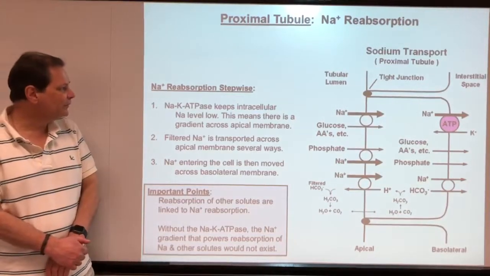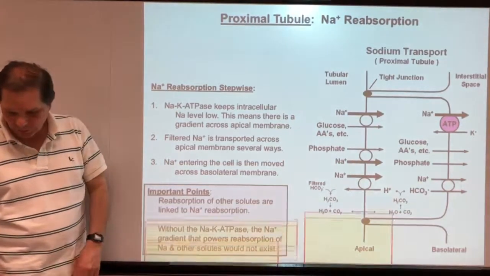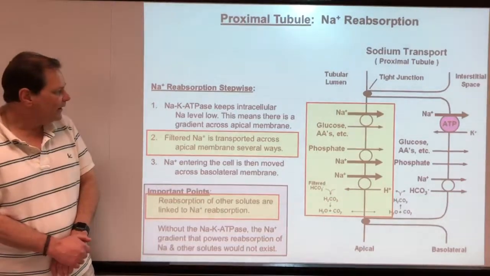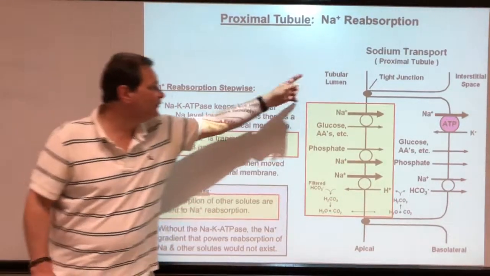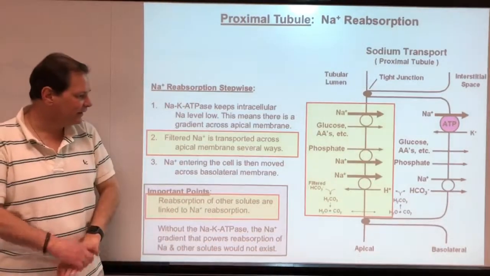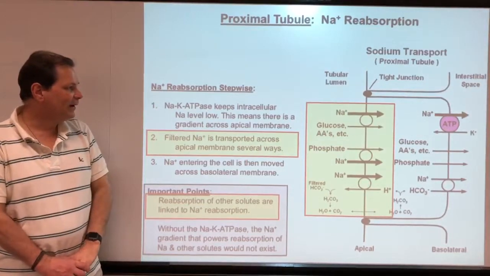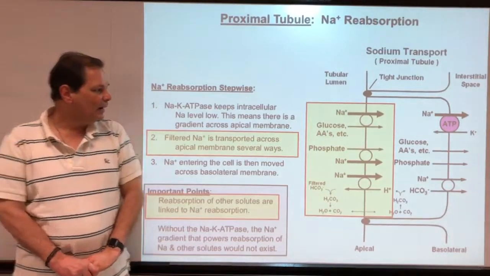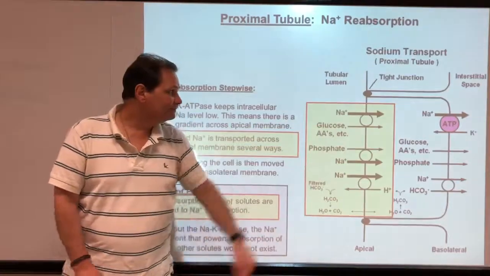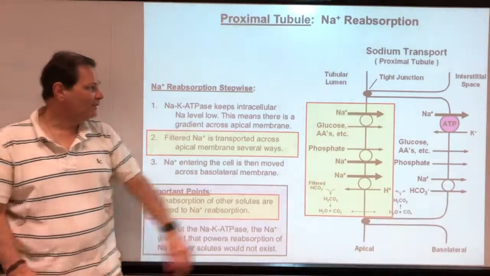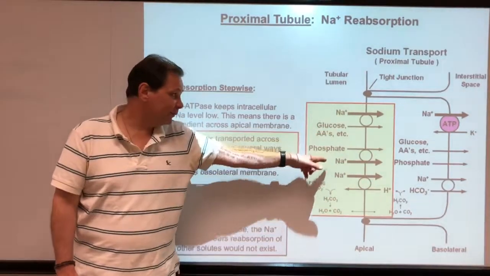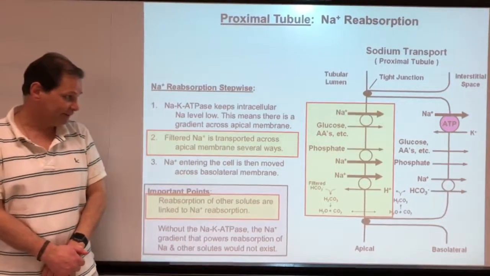So in the proximal tubule, the way this works, the filtered sodium in the tubular lumen gets across the apical membrane in a variety of different ways. It's often sodium hooked to transport, like transport of glucose, which we talked about earlier.